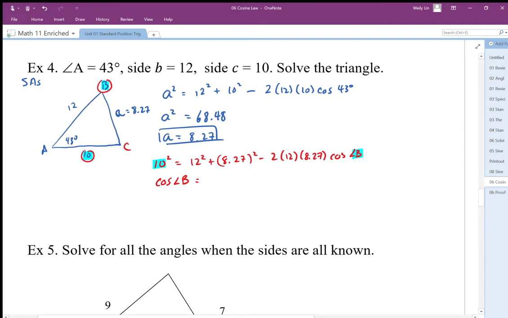Okay, so then I'm going to divide all that by, let's see here, 2 times 12 times 8.27. Okay, so I end up with cosine B is equal to 0.566. Okay, so I'm going to do second cos of that.